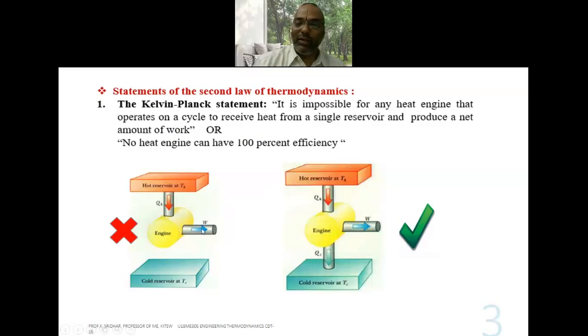Work is W, and Q1 is also W, so efficiency will be 100%. That is a violation of the second law of thermodynamics. That's why no heat engine can have 100% efficiency. Whenever it has 100% efficiency, it is the PMM2, a perpetual motion machine of the second kind. That is impossible.